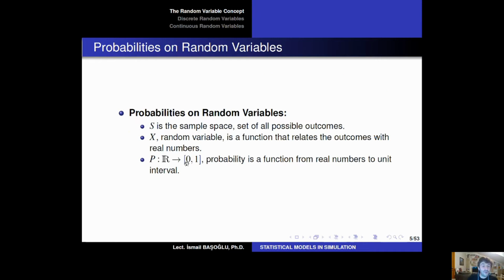After converting the outcomes into real numbers, then the probability function relates these real values to a value within the unit interval, and that function is called the probability function. So it relates the real numbers which are to be assigned for the random variable to the unit interval to define probabilities on it.